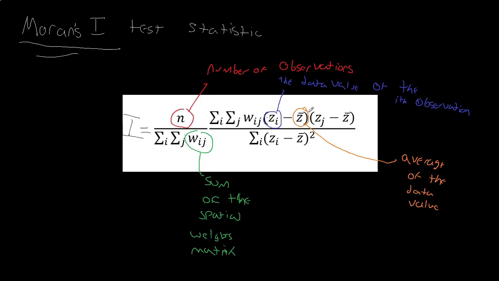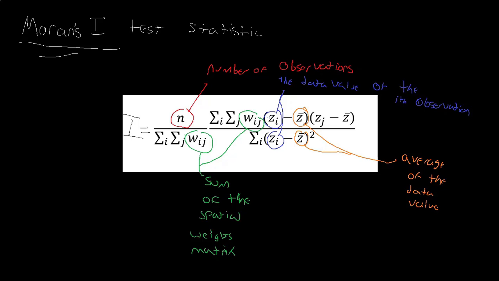So this is just the mean. There's nothing new or complicated here. Anytime you see the z_i, that's what that's indicating, and anytime you see the w_ij here, that's what that's indicating.